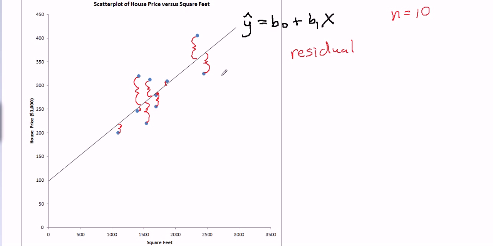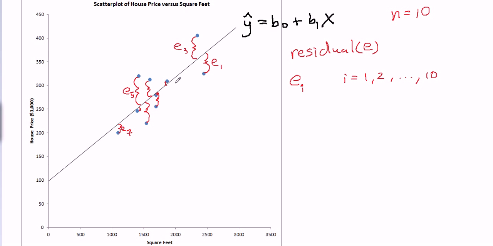We use the letter e to indicate the residuals. So there's going to be 10 residuals. If I put a little i there, fill in the blank 1 to 10 for i, you're talking about a specific one. So here we have maybe e1, no specific order, e3, e5, e7, etc., up to e10. So these are called the residuals, and there's going to be 10 of them.